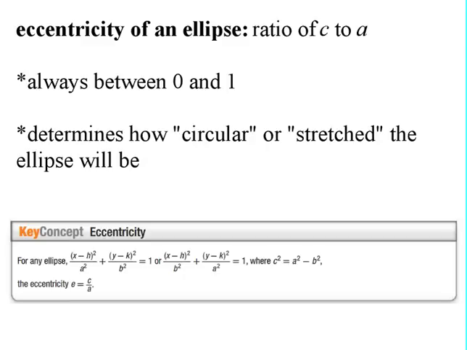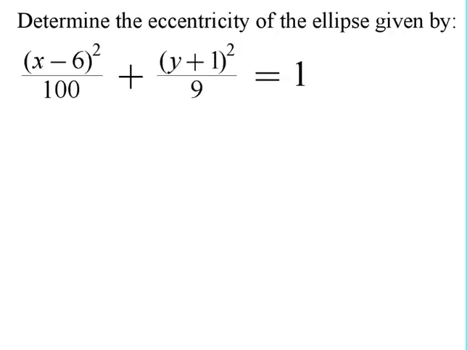So we're going to go ahead and look at an example now, and we're going to find the eccentricity. Determine the eccentricity of the ellipse given by (x minus 6) squared over 100 plus (y plus 1) squared over 9 equals 1. All we need to do here is identify what we're given in the problem.